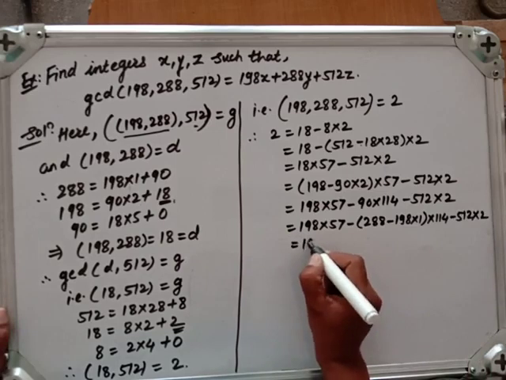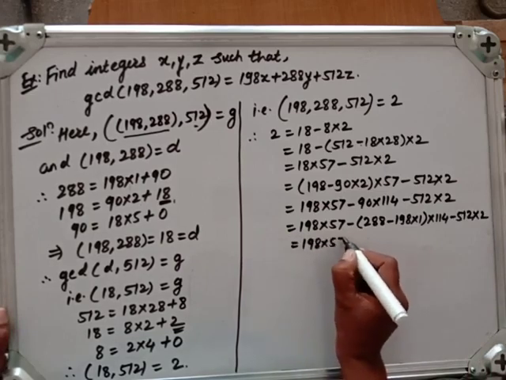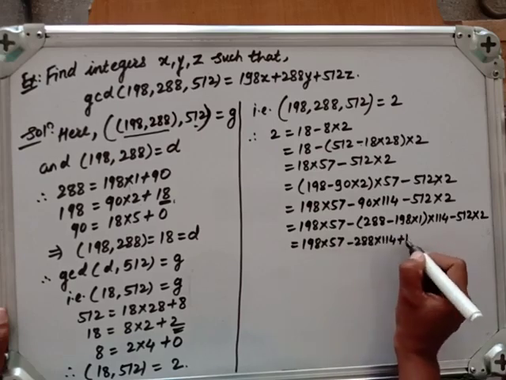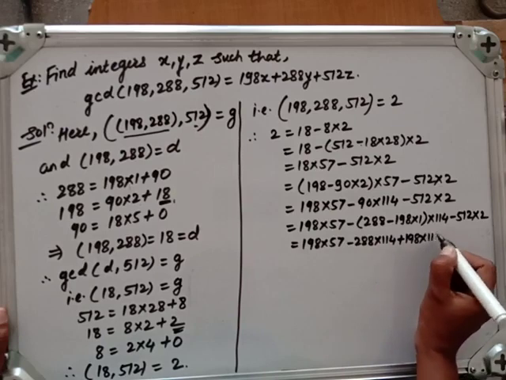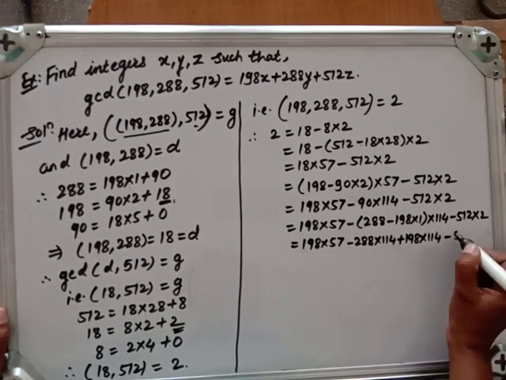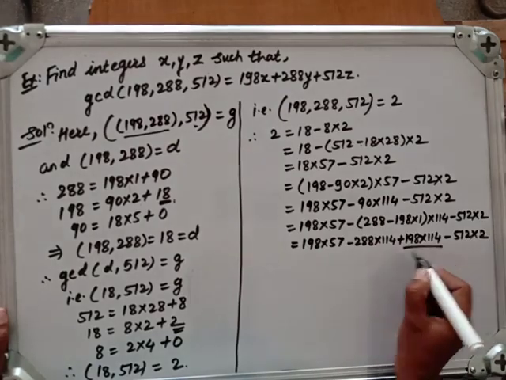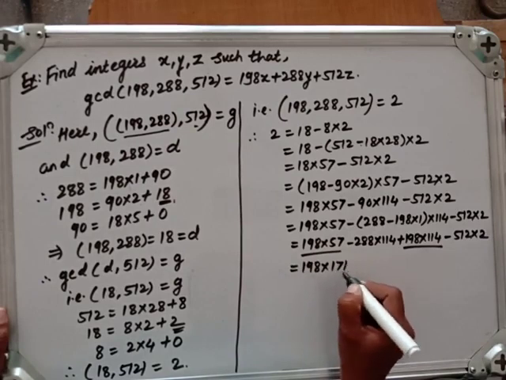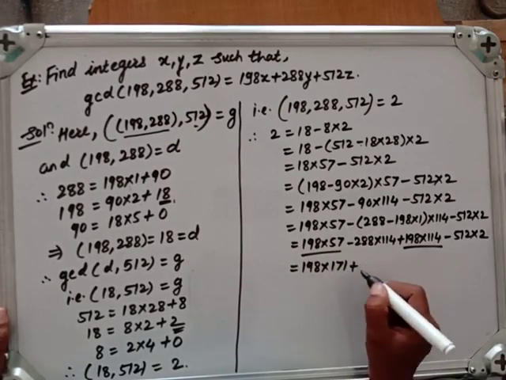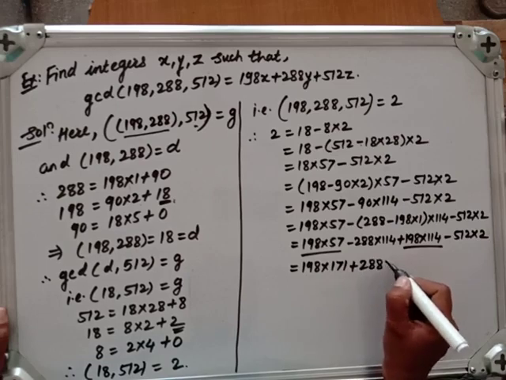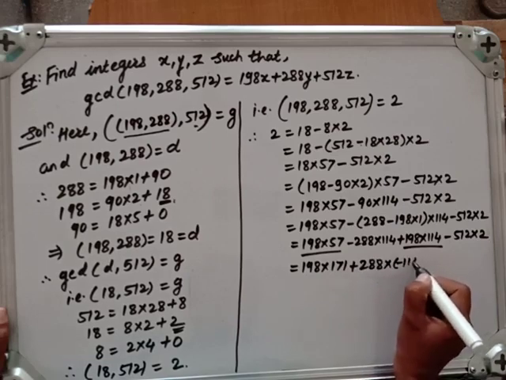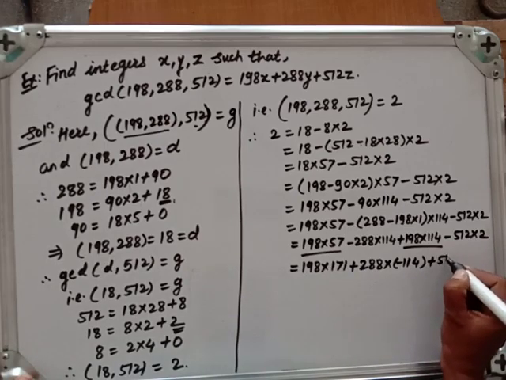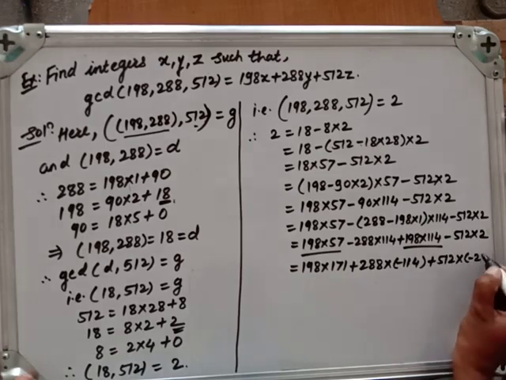So this is 198 into 57 minus 288 into 114 plus 198 into 114 minus 512 into 2. And from these terms we can take 198 common into 171, plus 288 into minus 114, plus 512 into minus 2.